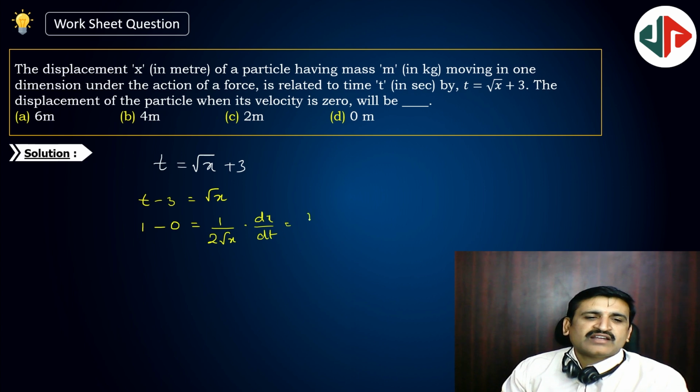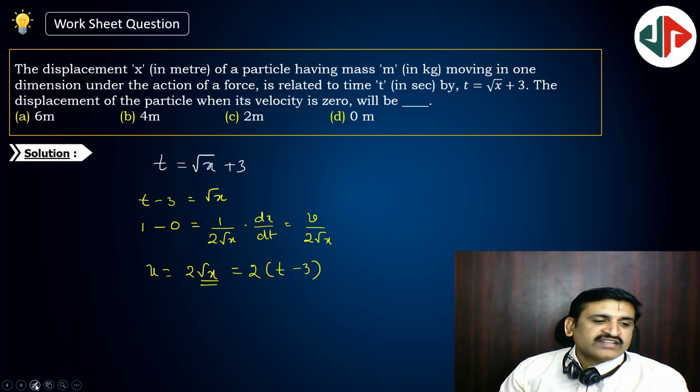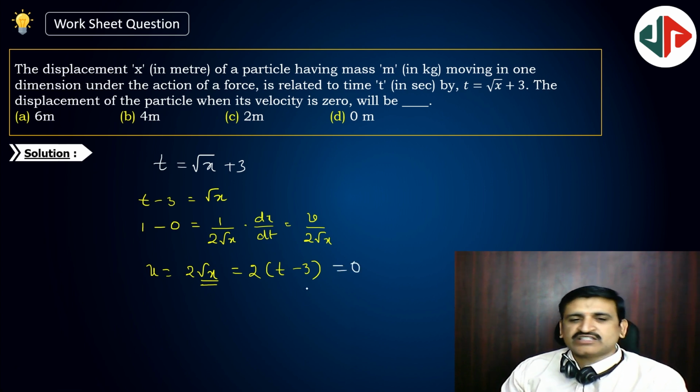So this will be velocity by 2 root x. So velocity is equal to 2 root x, which is 2 into t minus 3, and the condition is when velocity becomes 0, that means t minus 3 equal to 0, t equal to 3 seconds.